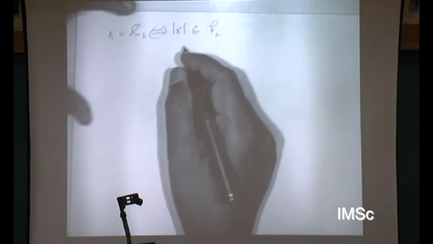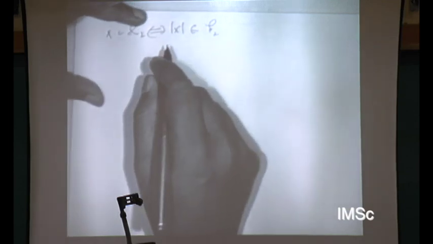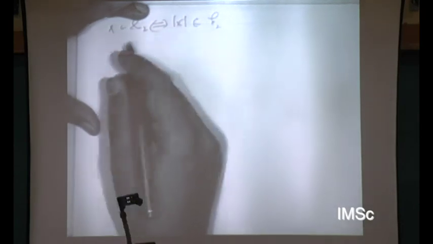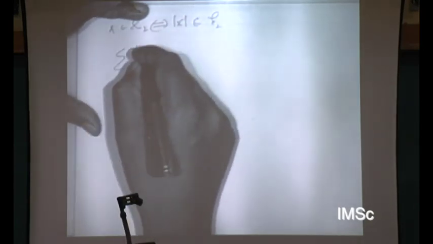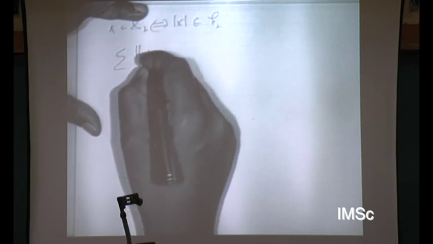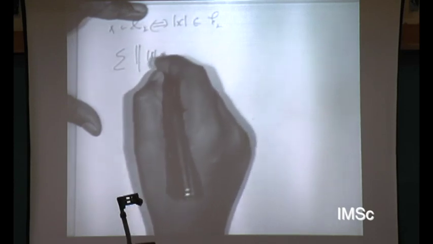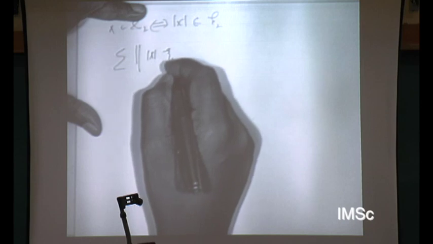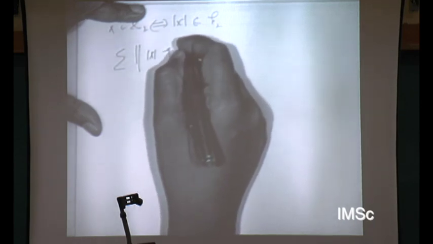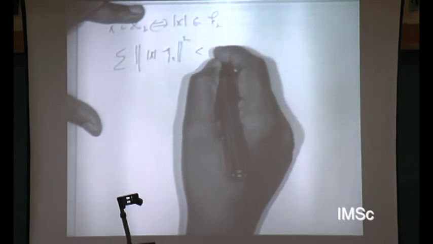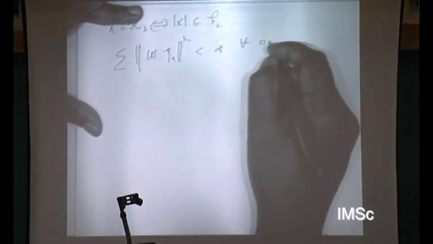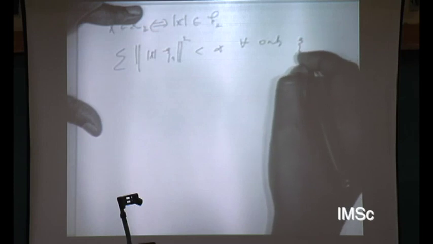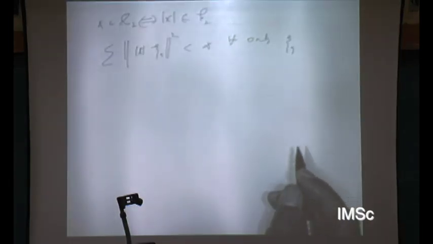Okay, but this means that the summation of norm mod x eta n squared is finite for an orthonormal basis eta n.